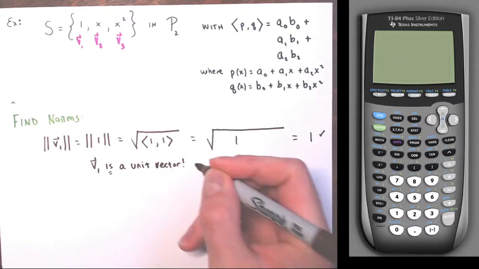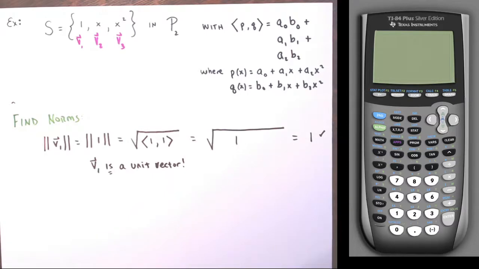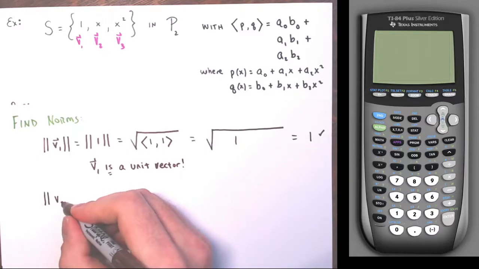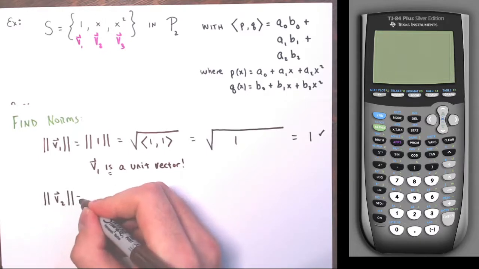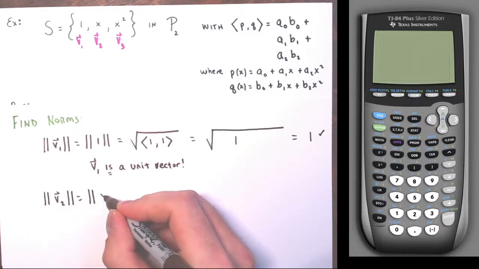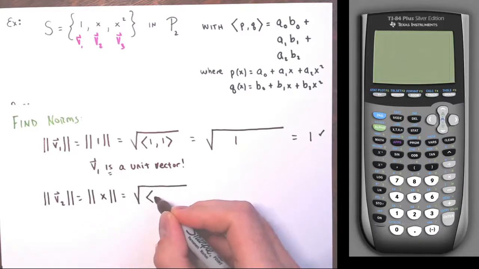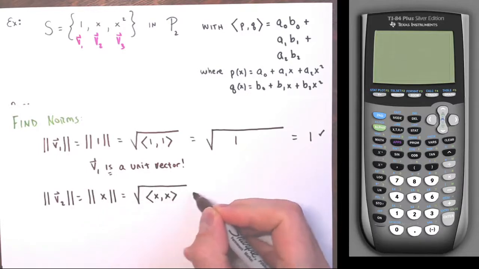But I need all vectors in the set to be unit vectors in order for this orthogonal set to be considered orthonormal. How about the norm of v2, or the norm of x? Well, that would be the square root of the inner product of x with itself.